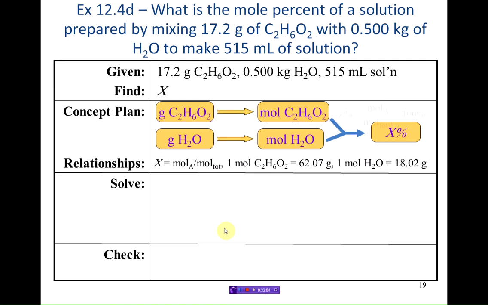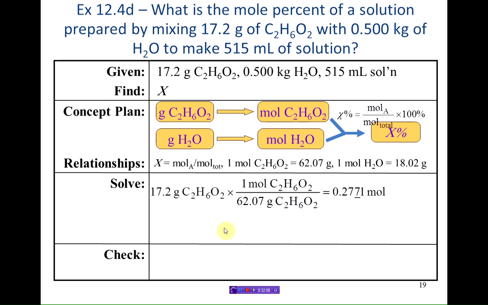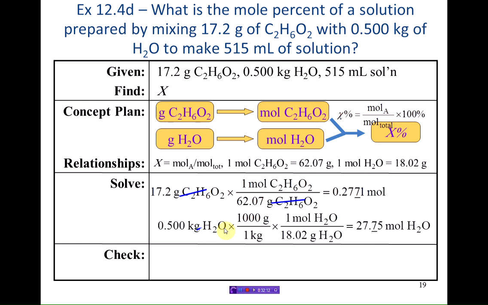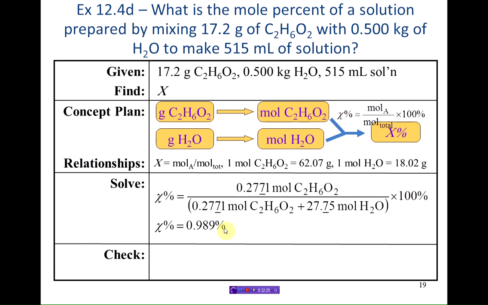So we've still got the moles of our solute, and then the moles of our water. The units cancel out. And if this goes too fast, remember you can always pause or rewind, since it is recorded. The only difference now is that we multiplied it by 100% to get the mole percent.